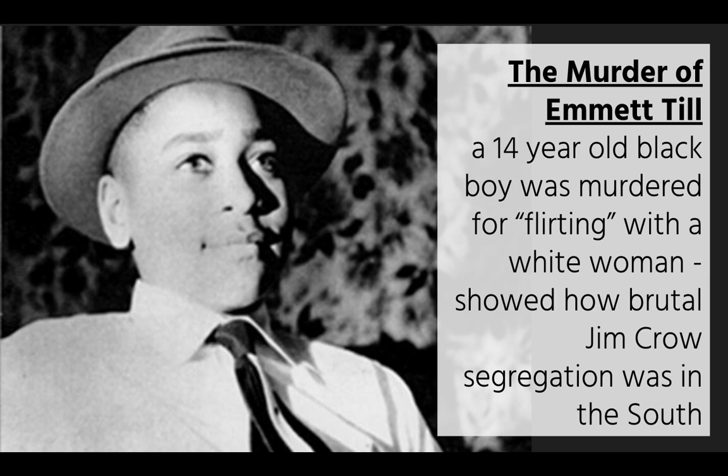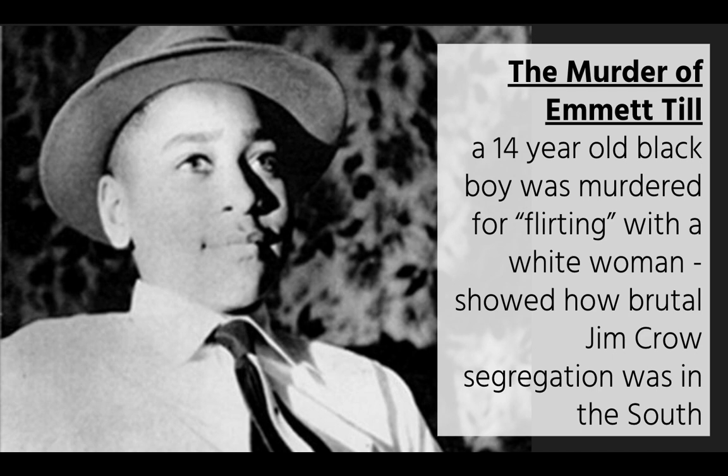And finally, we have the murder of Emmett Till. And this is a really sad story. This is a 14-year-old Black boy who was murdered for supposedly flirting with a white woman. Now, Emmett Till was from Michigan. He's from the North, where norms are a little different. He's visiting family in the South. And this woman accuses him to her husband and his friends at the time.